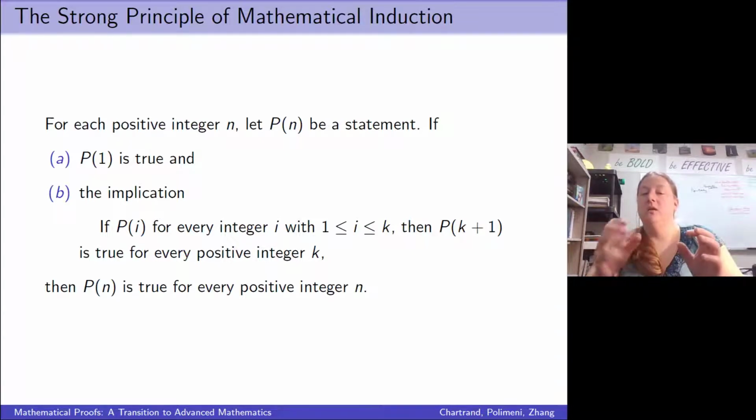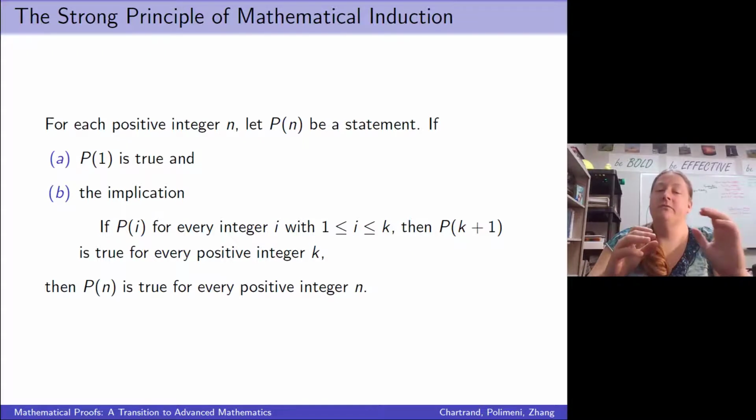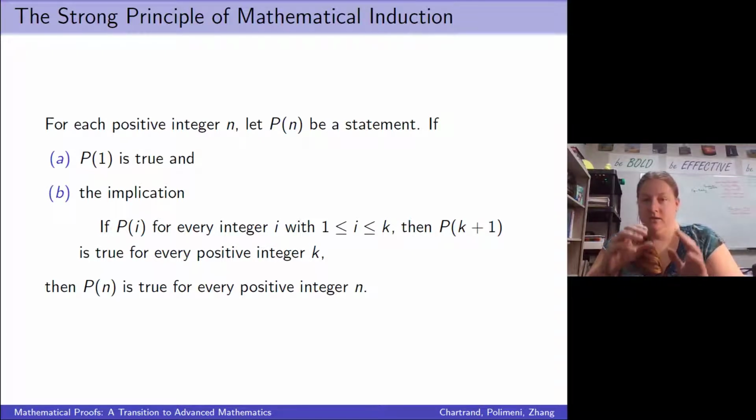So what we are looking at is if p of i is true for every integer i with 1 less than or equal to i less than or equal to k. So for every integer 1 to k, we know that p of i is true. Then p of k plus 1 is true for every positive integer k.